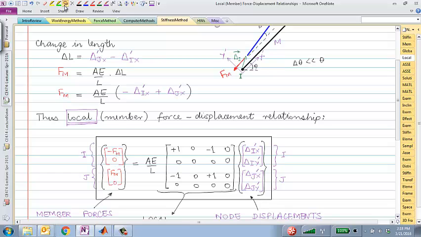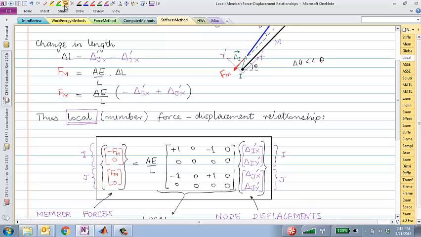So the local force displacement relationship for any truss element, I don't care what the orientation of that element is, how long it is, how short it is, is this simple. I can tell you what the forces at node I and J would be if you tell me what the displacements at node I and J are.